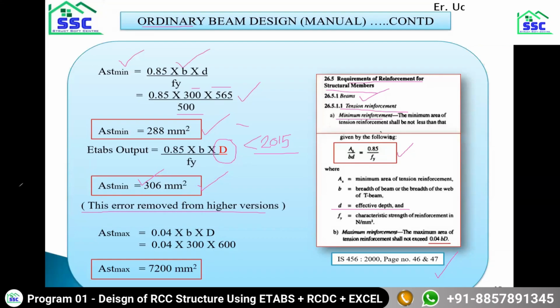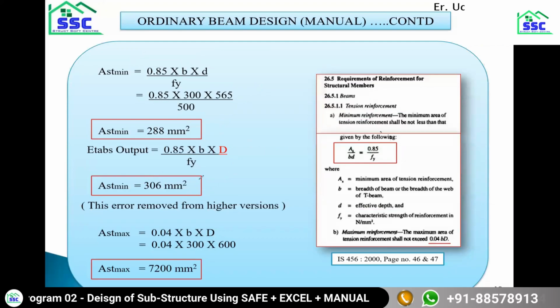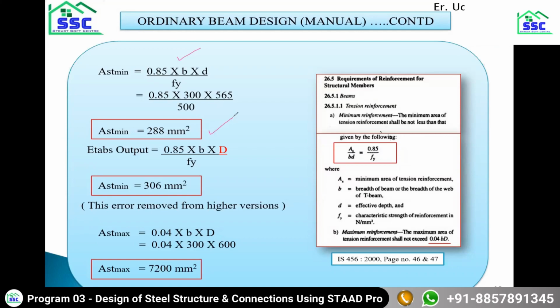So friends, whenever you are using Etabs of any version lower than 2015, please note that it is giving you a wrong value of AST minimum. As a designer, you have to calculate the correct value using the correct formula and use it in your design. So this was about AST minimum.